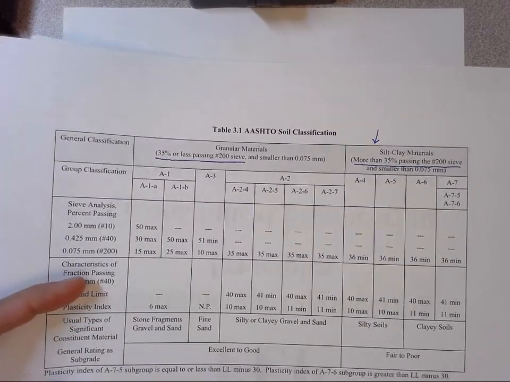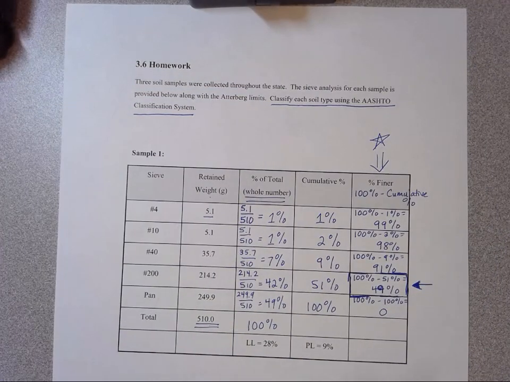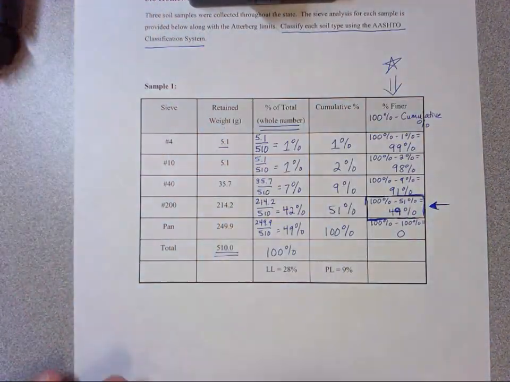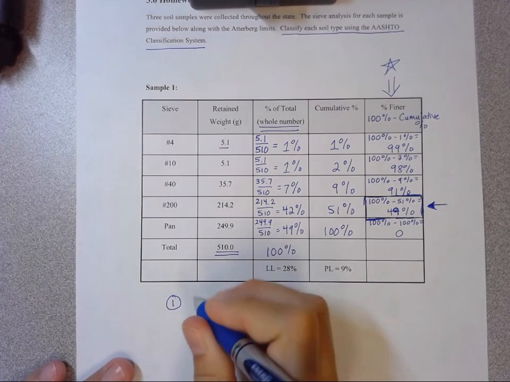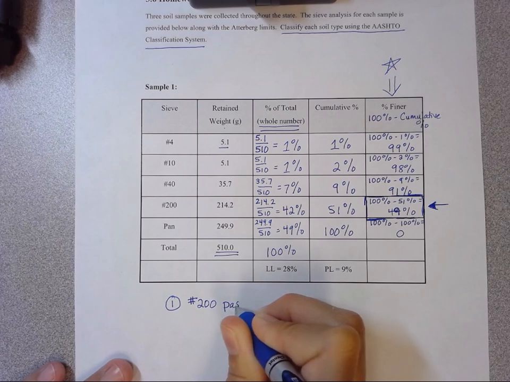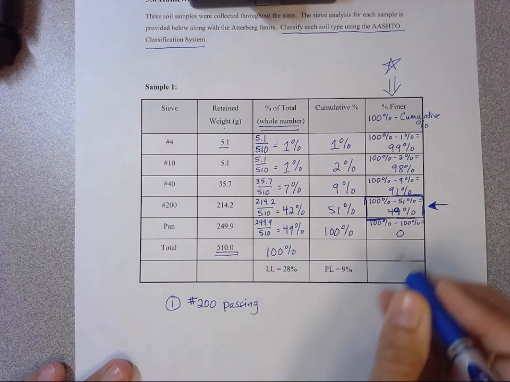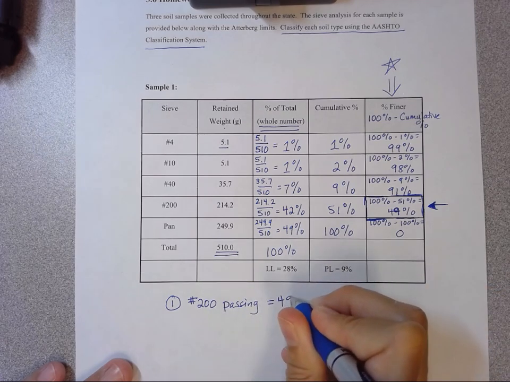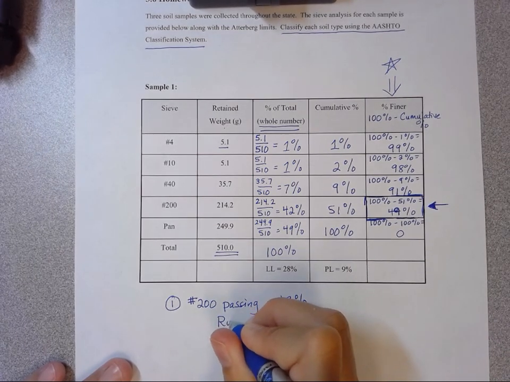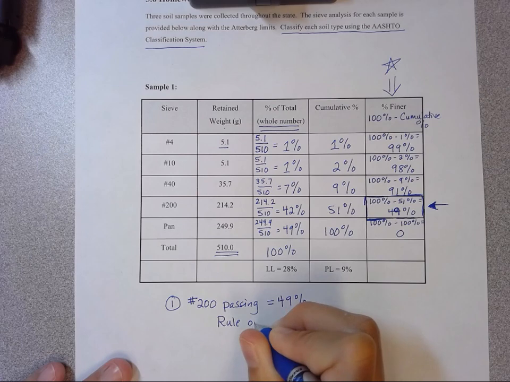So I'm going to go ahead and write that down as my first step here. I'll slide this down a little bit. All right, so my first step, I'm going to look at how many passed the number 200 sieve. And in this case, for this sample, it's 49%. So knowing that that's 49%, that's going to rule out that whole left of the table.